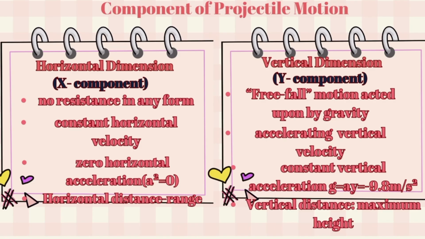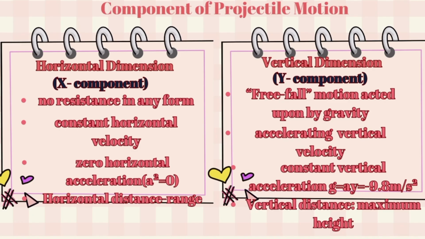This means that the projectile moves with a constant velocity along the x-axis, while it is subject to acceleration due to gravity along the y-axis. The horizontal velocity of the projectile remains constant throughout its trajectory, while its vertical velocity changes due to the force of gravity.